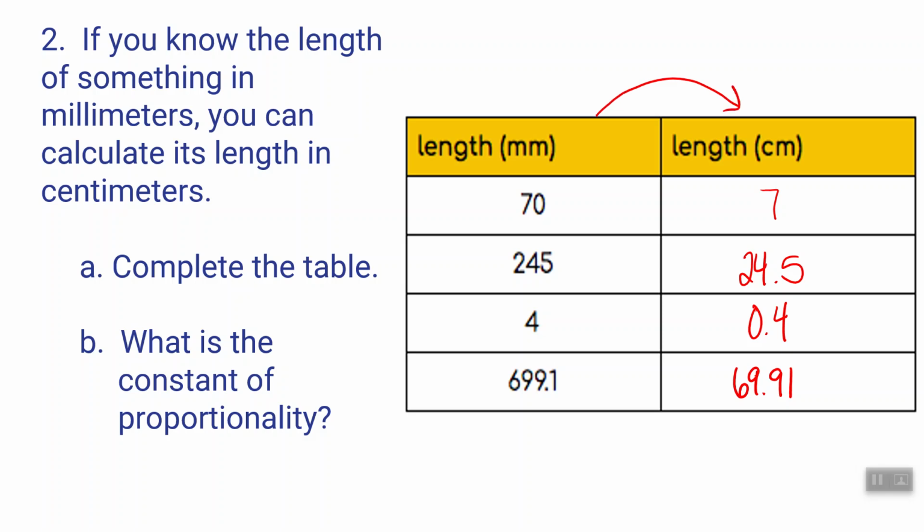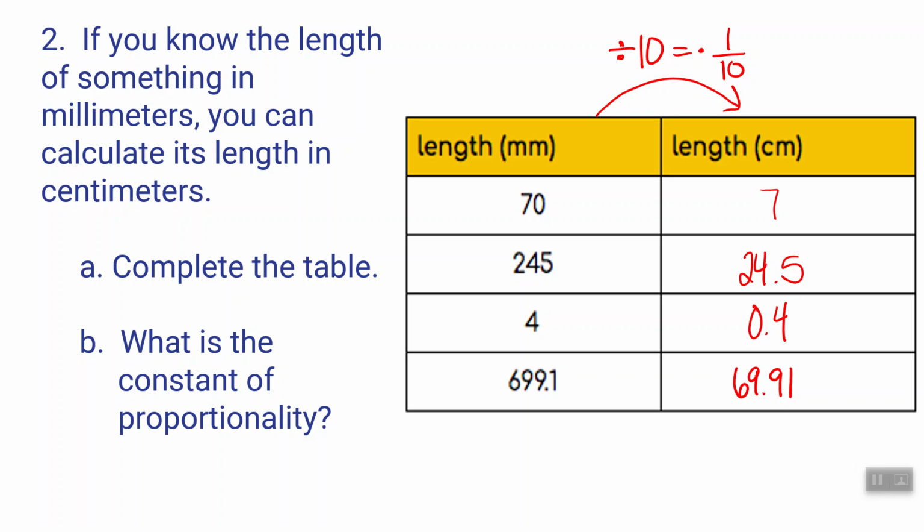However, constant of proportionality works a lot like scale factor. We don't use division. So when you're talking about the constant of proportionality, it's always the multiplier. How do you get from the left side to the right side? But remember, dividing by 10 is the same thing as multiplying by 1/10. Remember that concept of multiplying by the reciprocal.